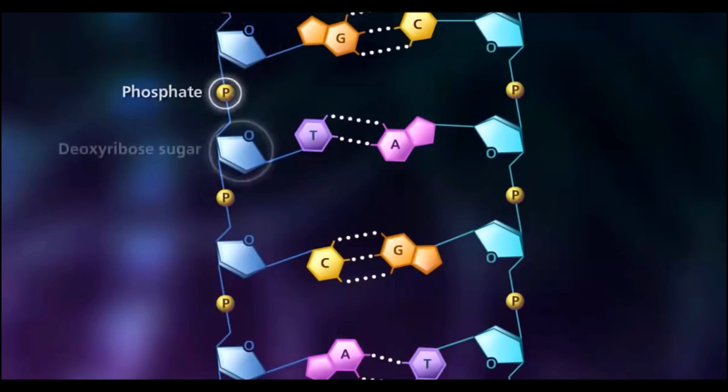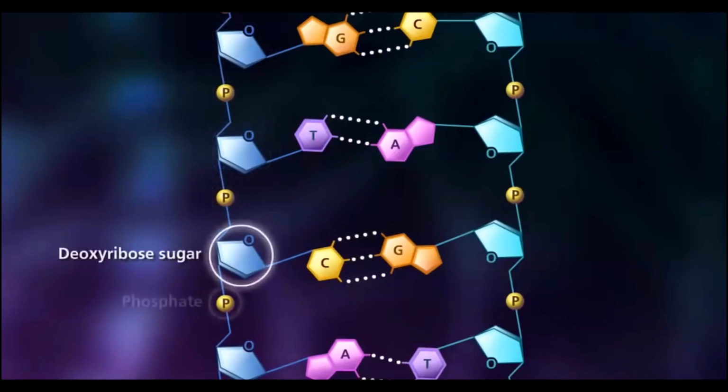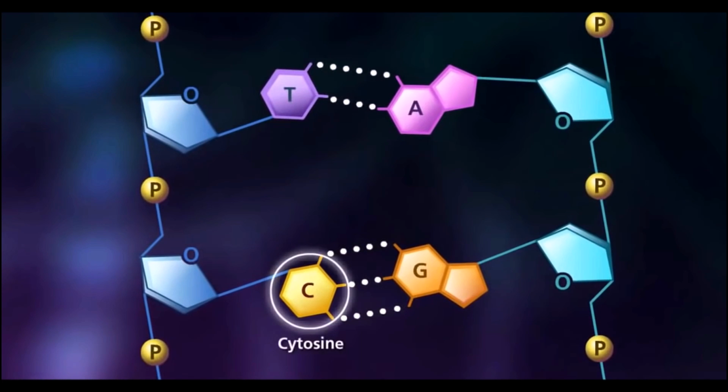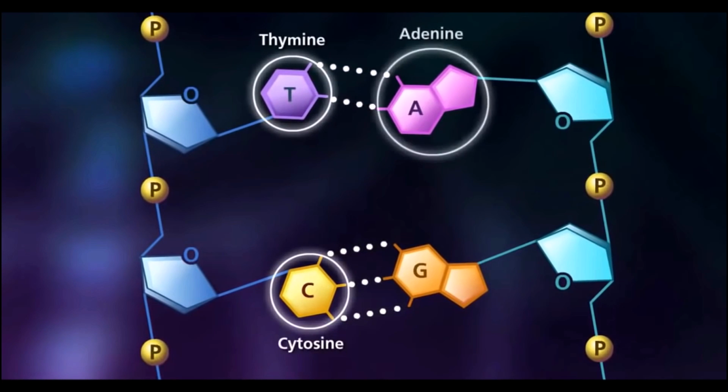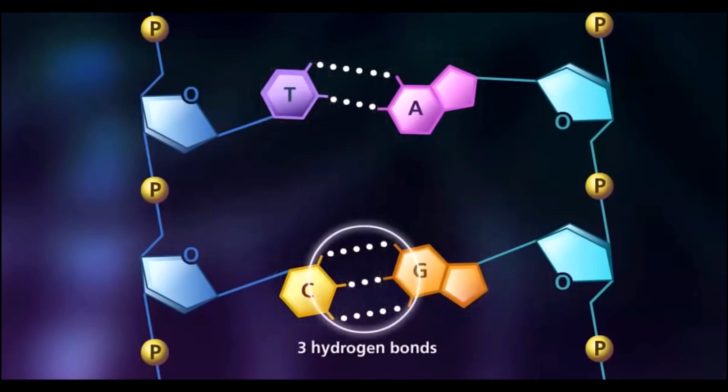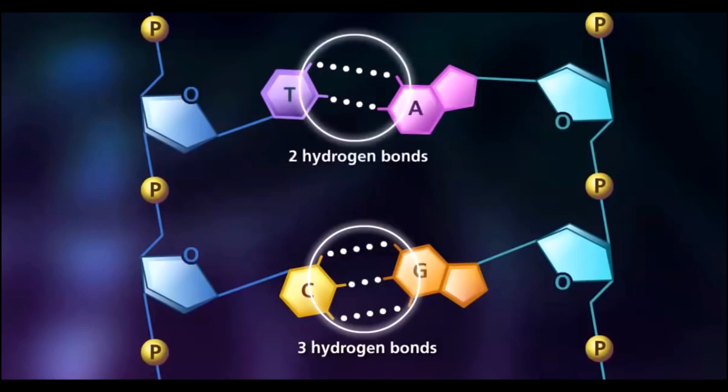The phosphodiester backbones consist of alternating sugar and phosphate groups. The nitrogenous bases include cytosine, thymine, adenine, and guanine. Cytosine forms 3 hydrogen bonds with guanine and thymine forms 2 hydrogen bonds with adenine. This is referred to as complementary base pairing.